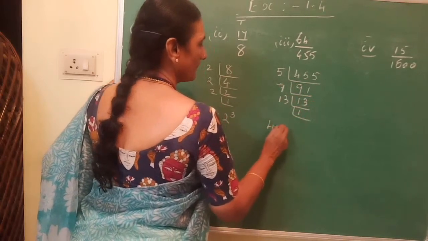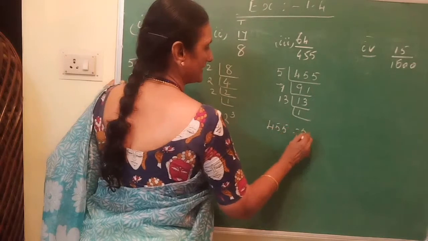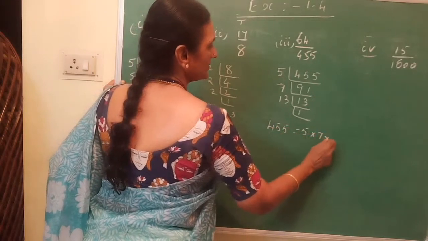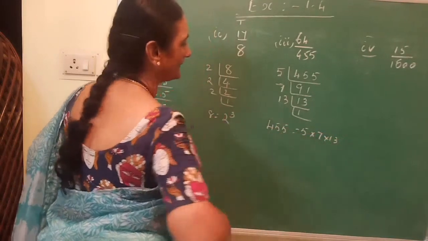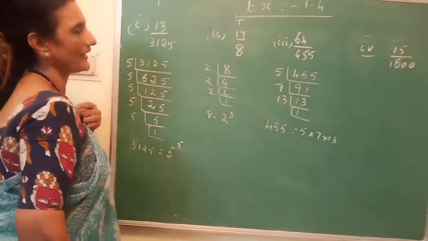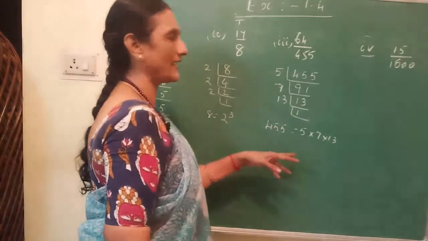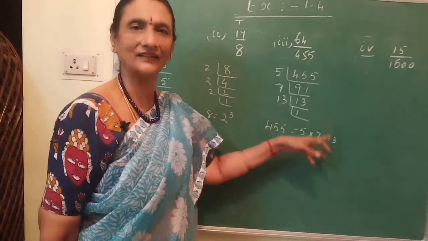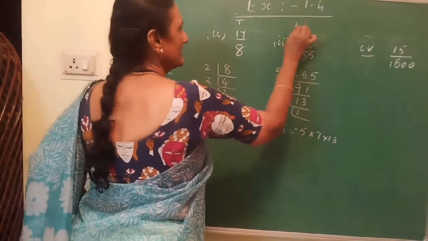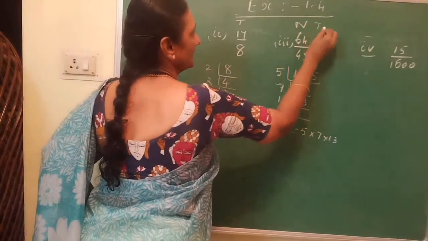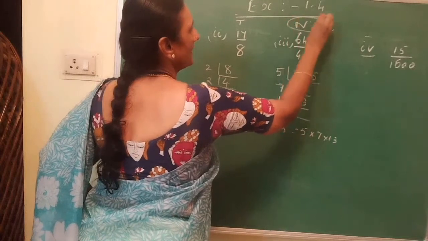Therefore, 455 is factorized as 5 into 7 into 13, all prime numbers; in addition to 5, we have got 7 and 13. Therefore, this is non-terminating. So, I will round it like this.